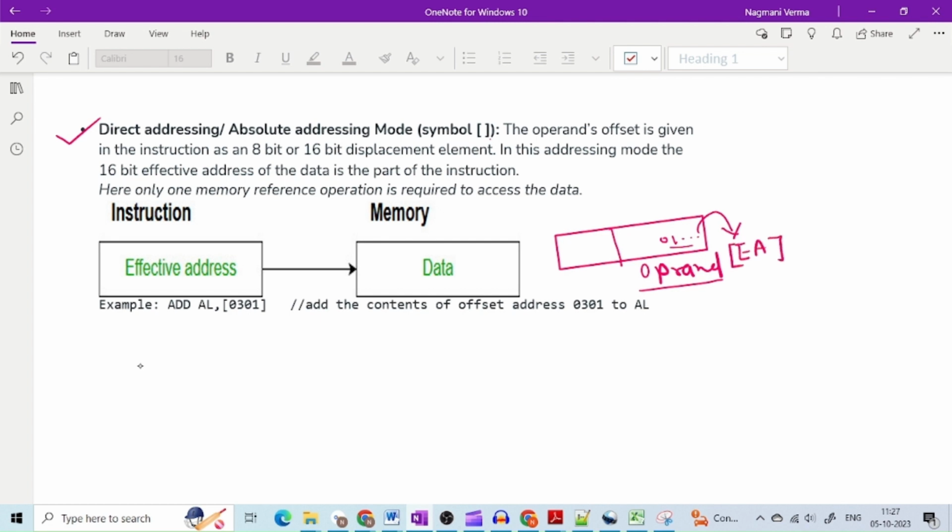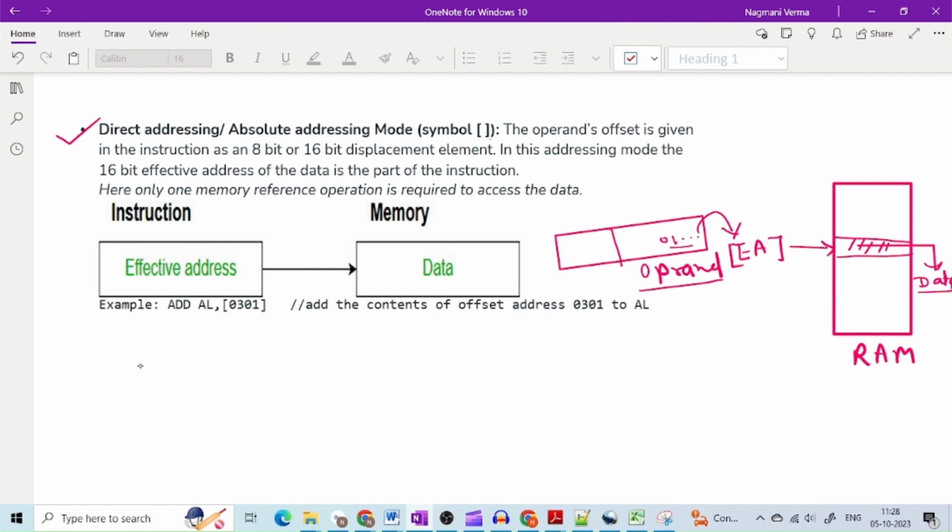So now what we have to do, we have to go to the memory, that is the RAM, and using this effective address we have to find the data.